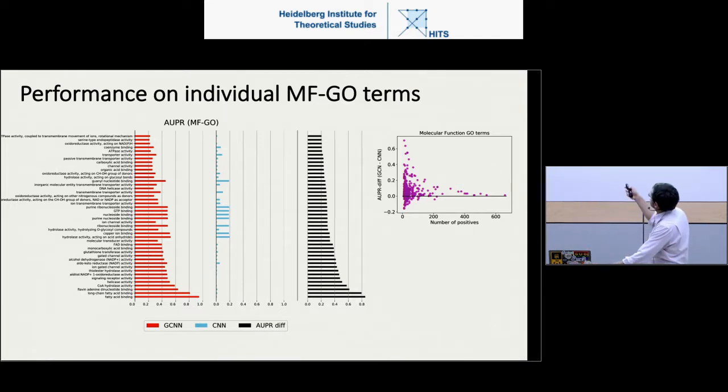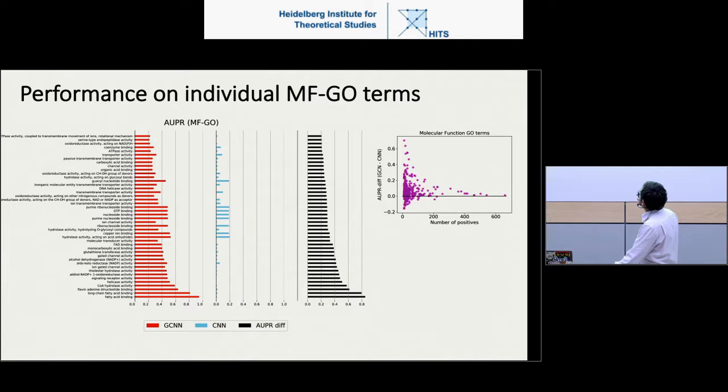We're ranking here to show some of the functions where we do much better than the sequence-based method. And what Vlad did was plot the number of training examples versus the difference.